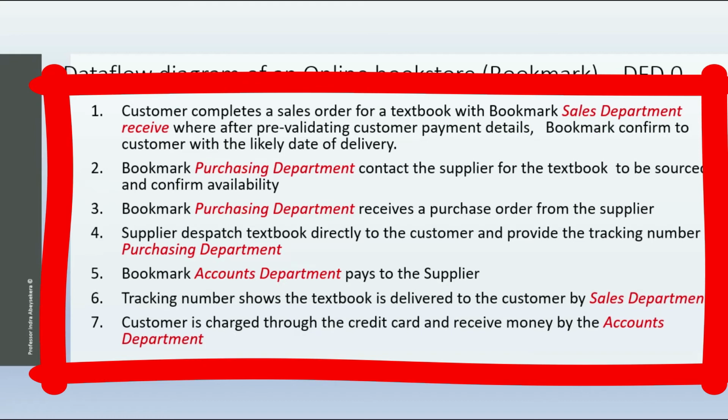And the fifth is that Bookmark then paid, and the accounts department paid it. And number 6 is that the tracking number was followed and the book was delivered and the sales department tracked it. And the 7th is that customer was charged through the credit card, and that was done by the accounts department.